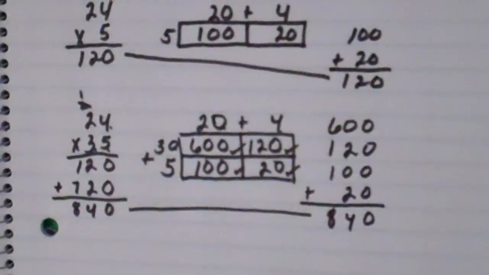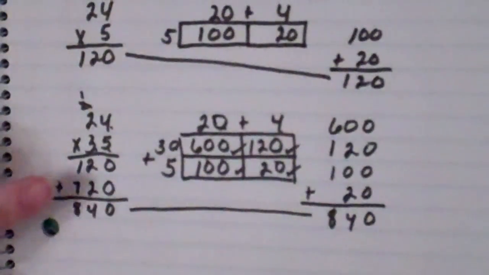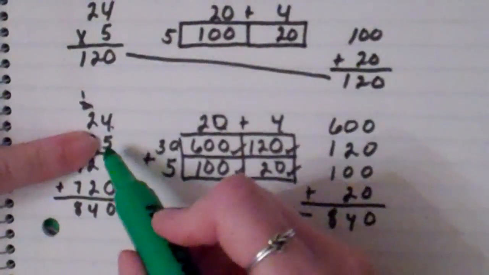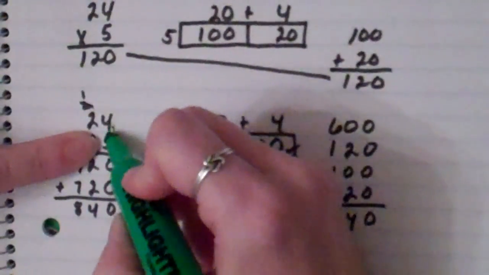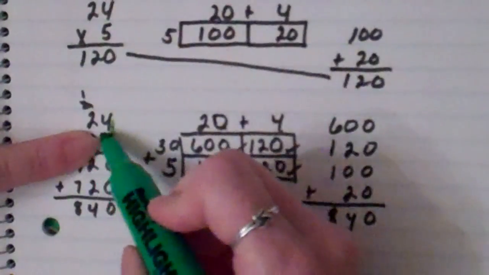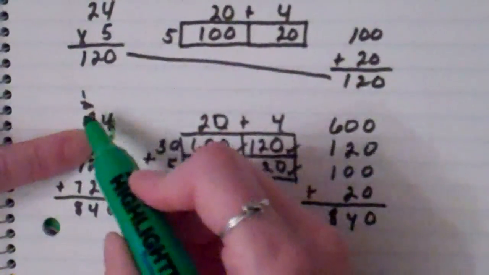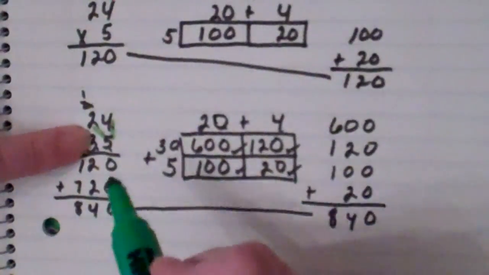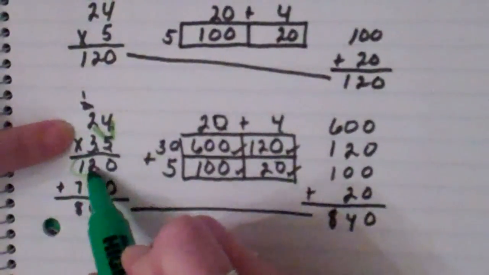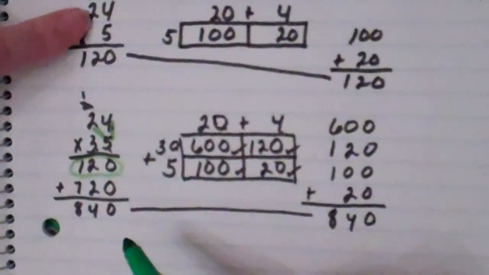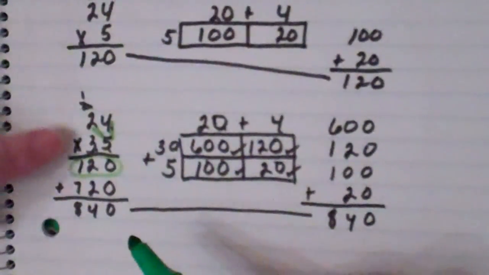So to review what I just did here in multiplying, when I was multiplying by the 5, first I multiplied 5 times 4, and then I multiplied the 5 times the 2. When I multiplied the 5 times 24, that partial product was the 120, just like when I multiplied 5 times 24 up here.